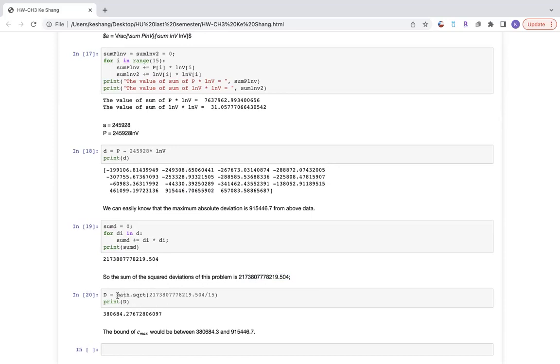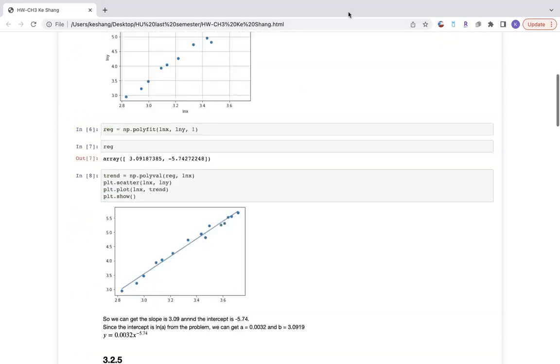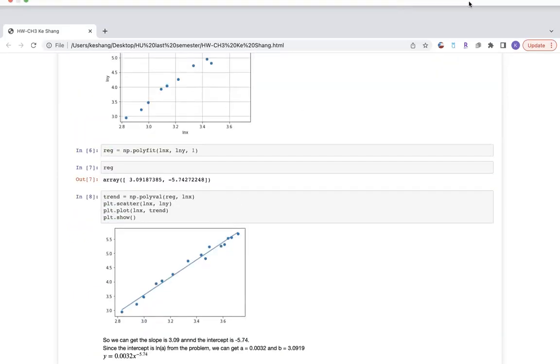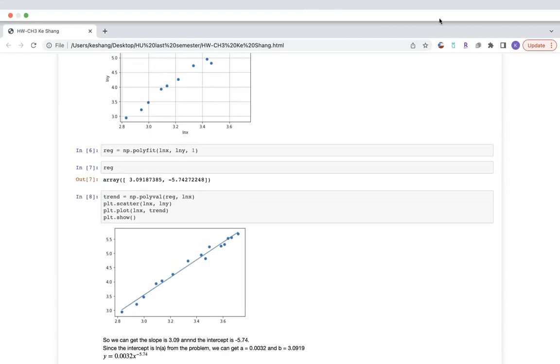Then we can calculate the capital D by taking the square root of this number over how many numbers there are, 15. So D equals 380684. The bound of C max would be between this number and the maximum absolute deviation. Okay, so these are the four problems from chapter 3.